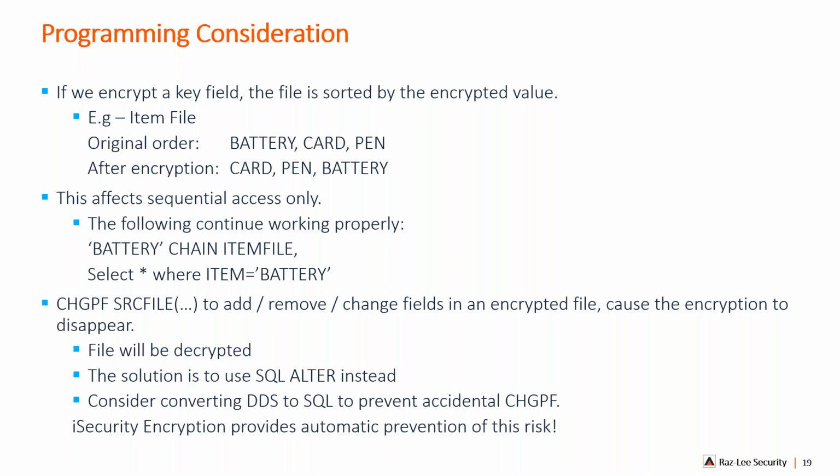Again, this is because the access to files and to values is based on the data after encryption. And if we know only part of the data, we don't know the encrypted part and cannot access it. So this is the programming consideration.